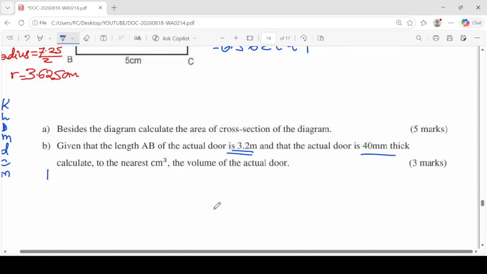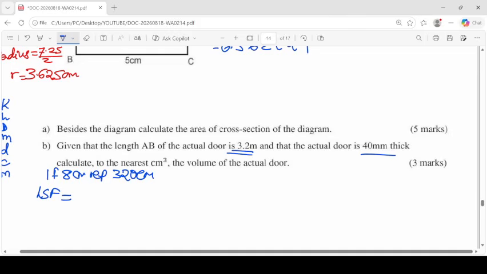So if 8 centimeters represent 3.2 meters, which is 320 centimeters, let's get the linear scale factor.